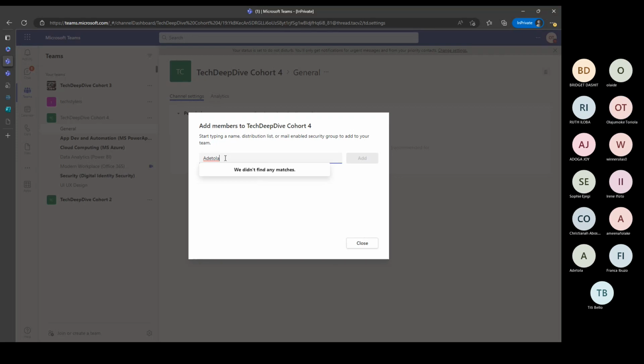What email address did you give? The mail address starts with Tola Adebari. Tola, he's not here. So it's Tola, right? I'm not even seeing any Tola here.